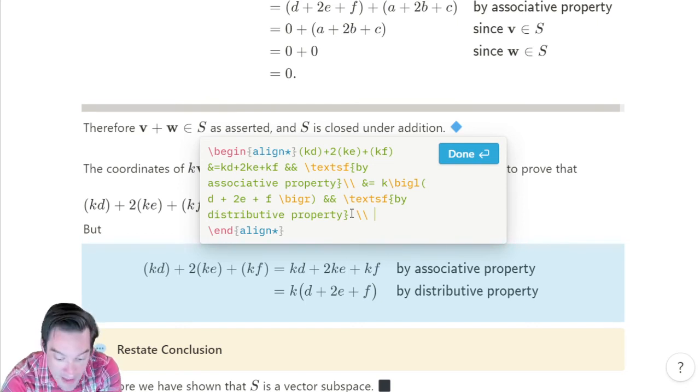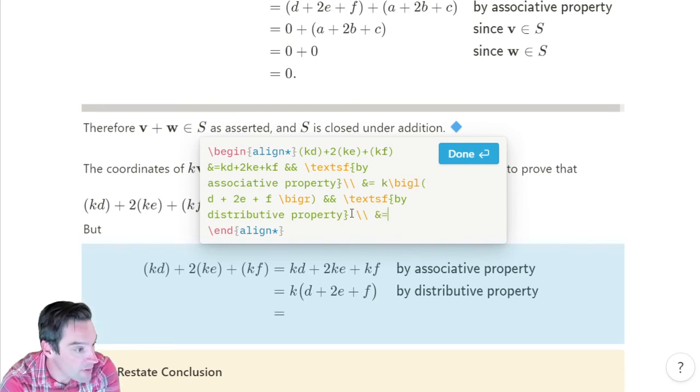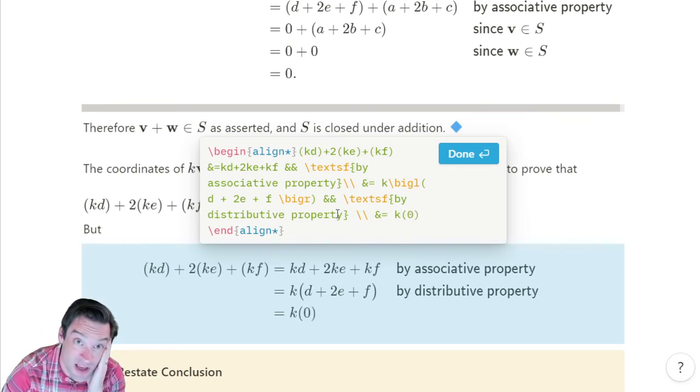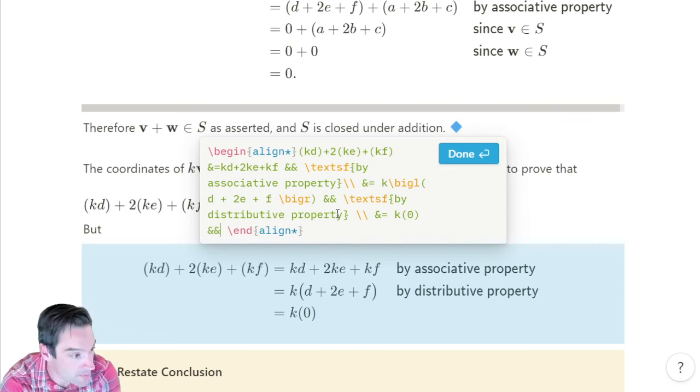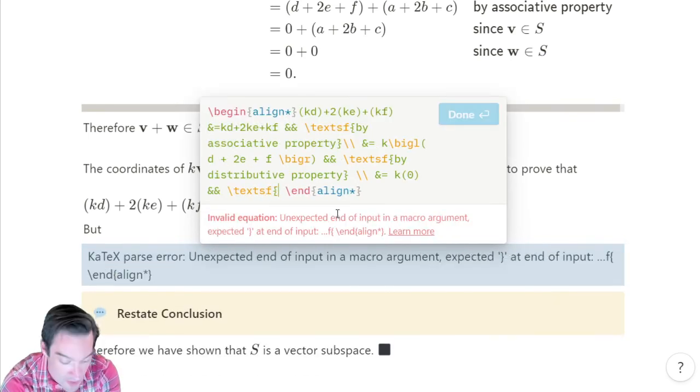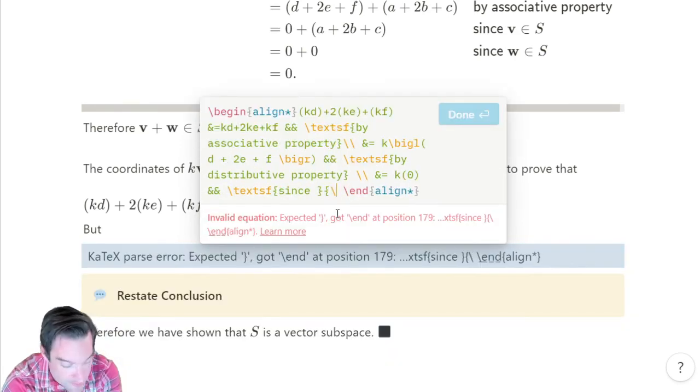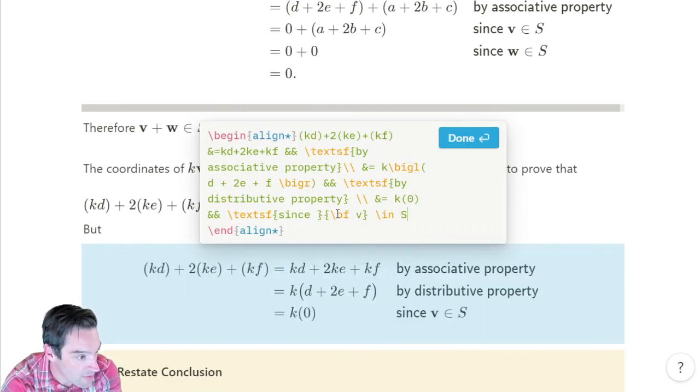But now is where we use the all-important remembrance that d plus 2e plus f is equal to 0. And we know that d plus 2e plus f is equal to 0. Here comes the warrant, since we knew that v belongs to S. Since v belongs to S, d plus 2e plus f is equal to 0.